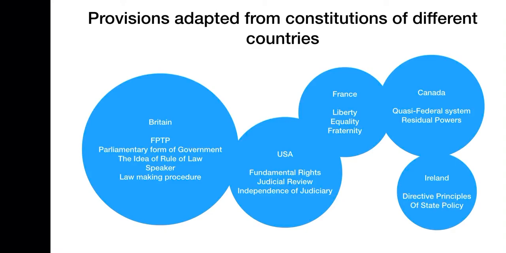From French Constitution, India adopted the principles of liberty, equality, and fraternity. From Canadian Constitution, India adopted quasi federal system and the idea of residuary powers. From Irish Constitution, India adopted the concept of directive principles of state policy.